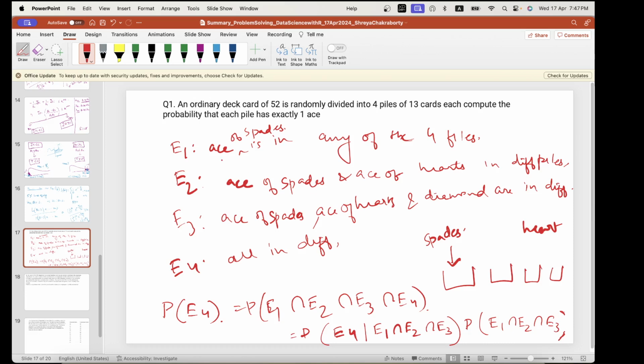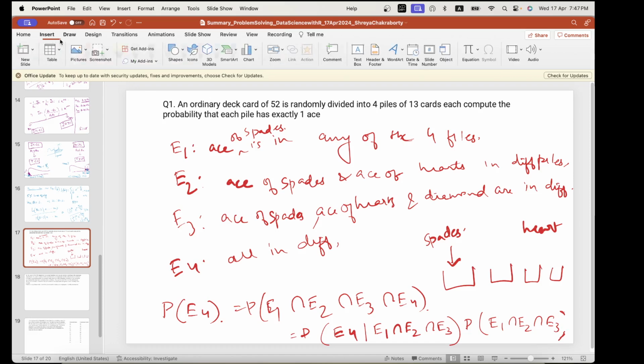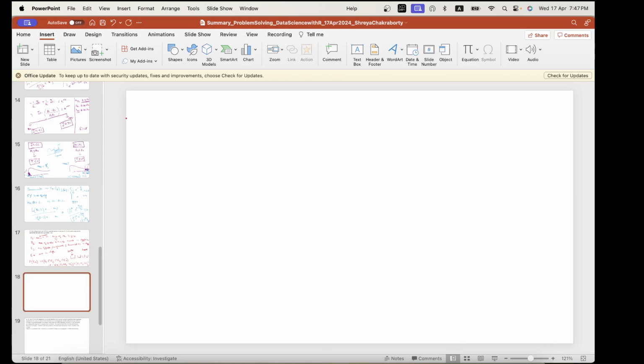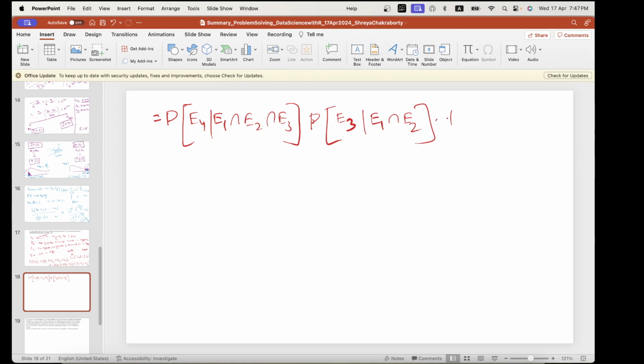Is it okay? Then this thing, again you can break it down. Probability of E4 given E1 intersection E2 intersection E3, into probability of E3 given E1 intersection E2, into probability of E1 intersection E2.